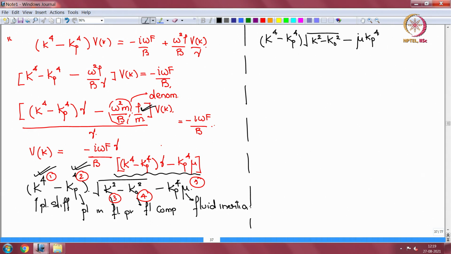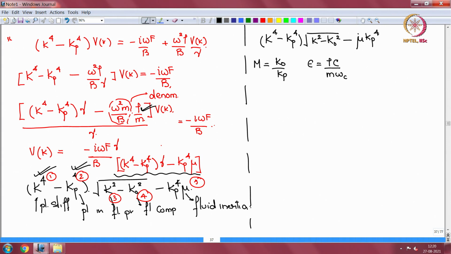And we said we will take two non-dimensional parameters: m, which is k0 by kp, and the other, epsilon, which is rho c by m times the coincidence frequency.